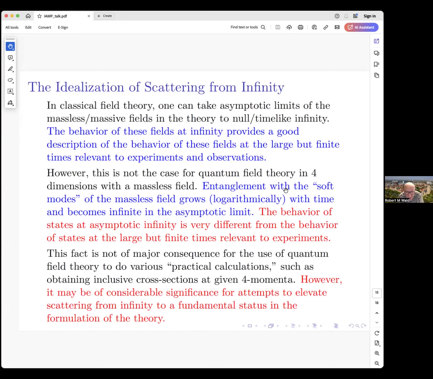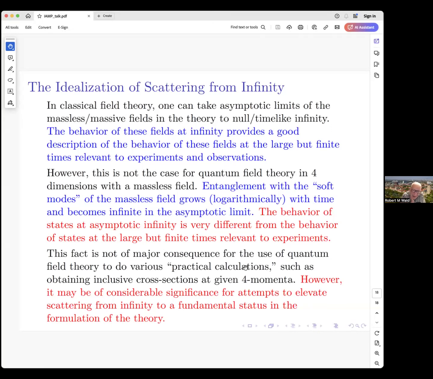the behavior of states at asymptotic infinity is very different from the behavior of states at large but finite times in an experiment. Now, what I'm saying here is not of any consequence for the kinds of practical calculations that I alluded to in the beginning, where one is obtaining inclusive cross sections at given 4 momenta.